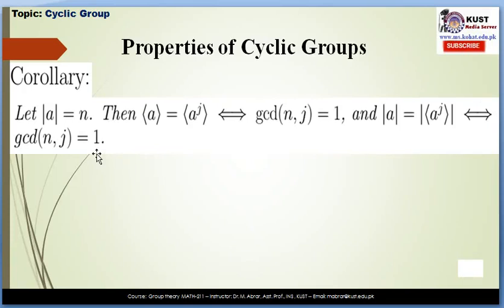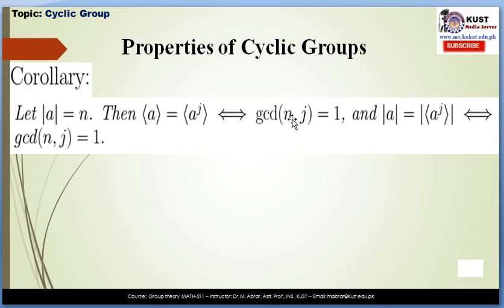Here is another interesting property which is actually the corollary of the above theorem. So we assume that the order is finite, then the cyclic group generated by a and the cyclic group generated by the power a^j are the same if and only if the greatest common divisor of n and j is 1.